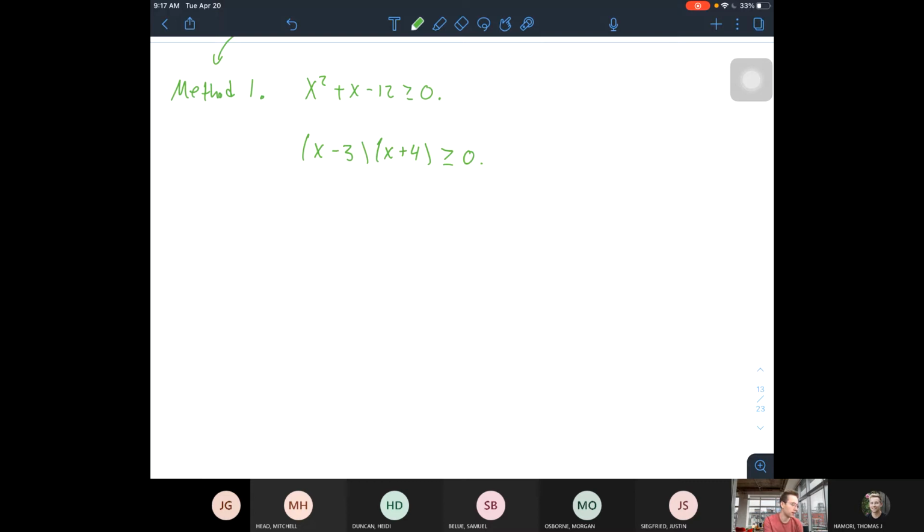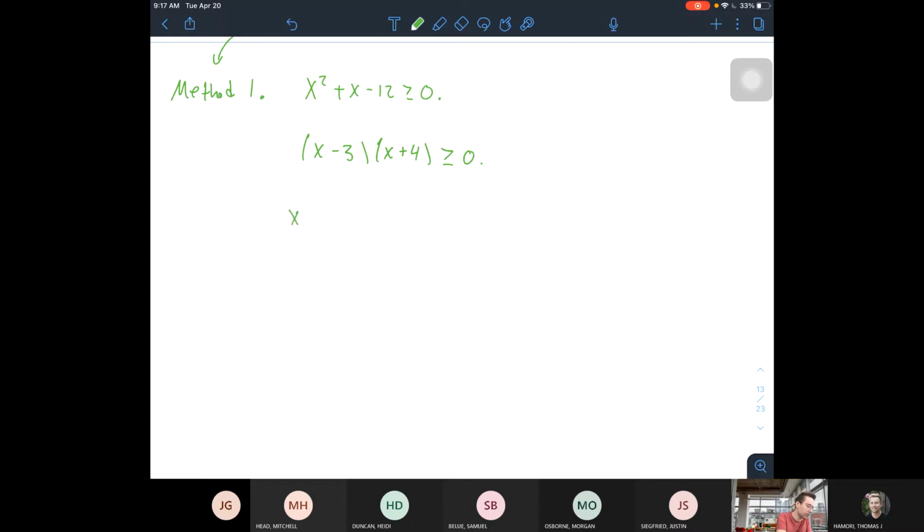Yeah, that's true, Heidi. x equals 3 and x equals negative 4 will be the zeros of this expression. But we're supposed to find all values of x such that if we plug them into this function, I get something which is larger than or equal to 0.